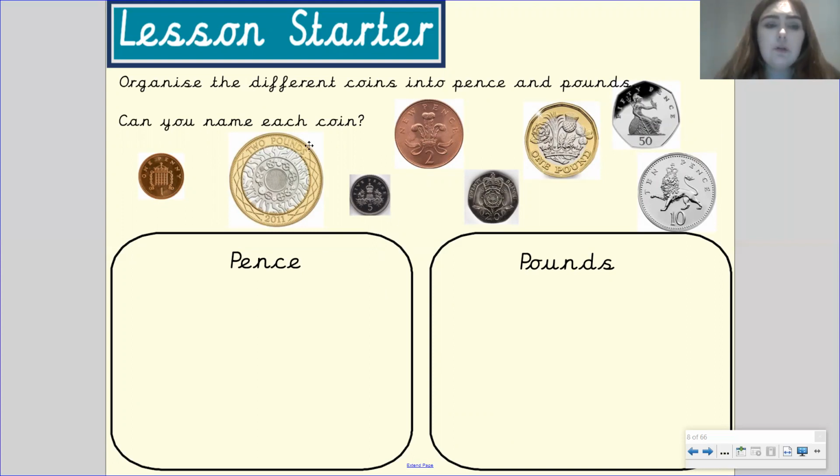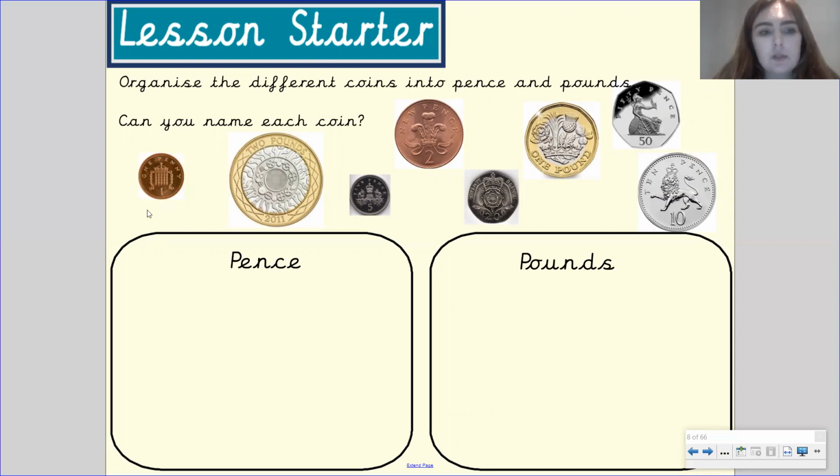Okay, so if you look very closely at the coins, it does tell you whether or not it's a pence or a pound. So let's have a look at this one first. What is this coin? That's right, it's 1 pence. You can see it's got a 1 written on it here, and then it's got 1 penny written here, which means it's 1 pence.